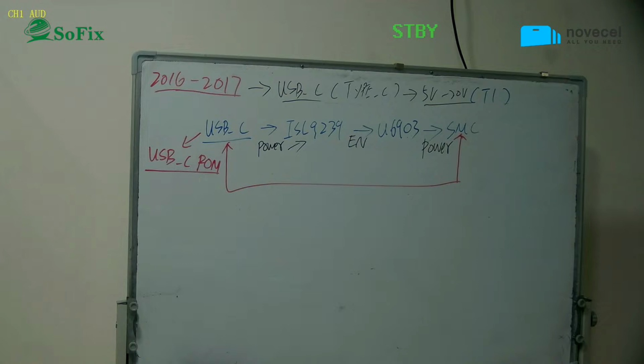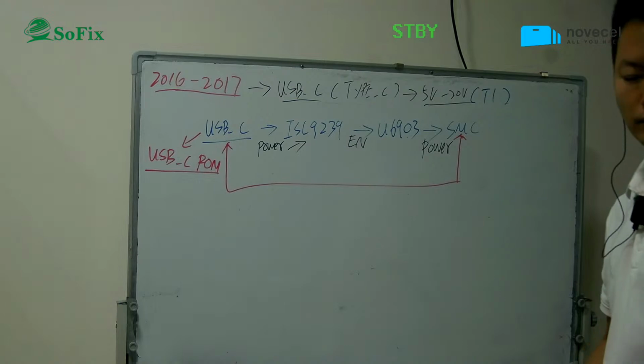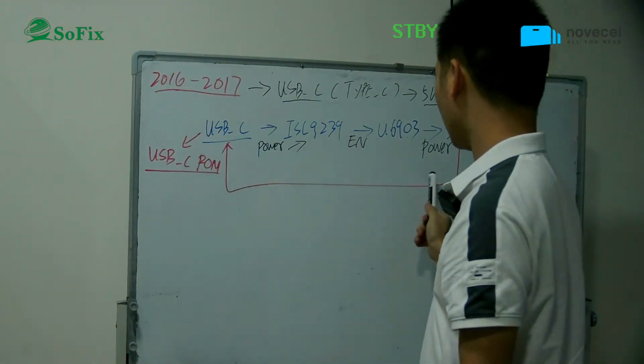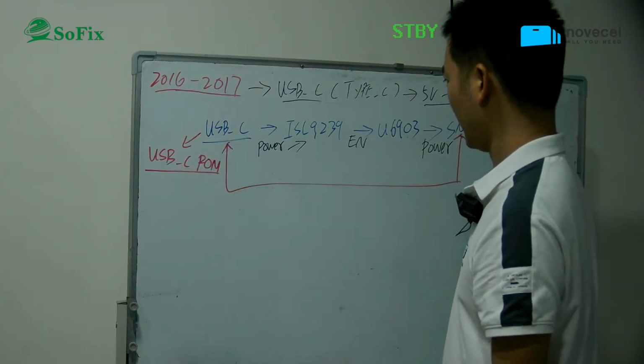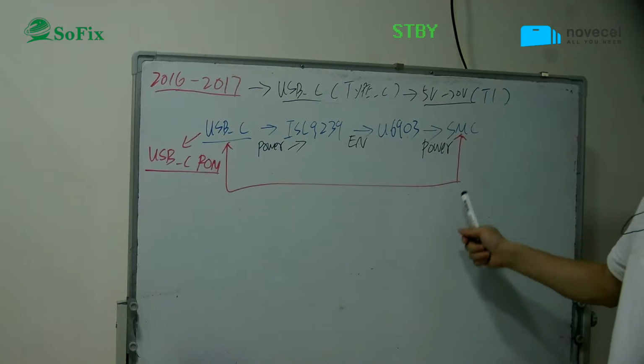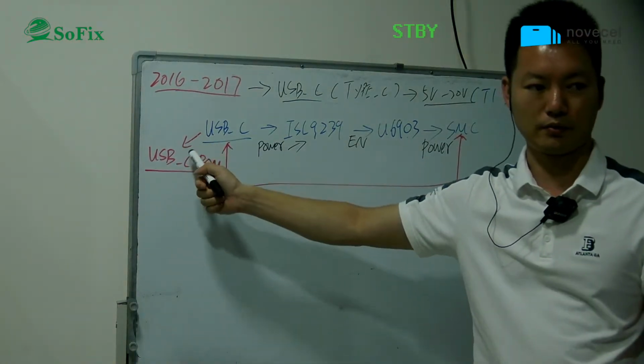So this is about the T1 socket. T1 socket, USB-C, the communication of the data to the USB-C chip. USB-C ROM communicates the data to USB-C. SMC working connection is normal. Then the communication of the data to the USB-C chip.